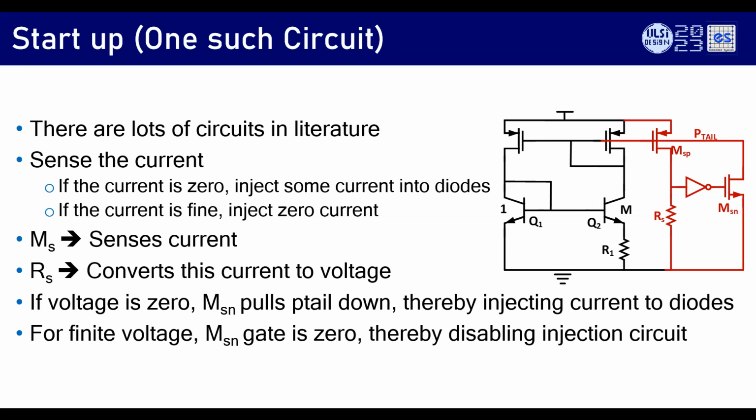The moment it starts pulling the P-tail node down, there will be voltage developed across RS. When the voltage is more than the trip point of the inverter, that NMOS will be off and P-tail will remain as dictated by the operational amplifier. This is one of the commonly used startup circuits. Typically the inverter I showed here is an asymmetric inverter. Don't put a regular inverter. Put an asymmetric inverter so that you have that margin.